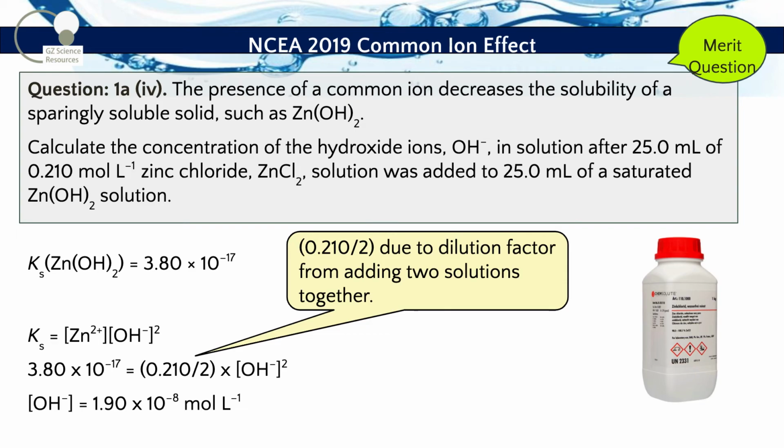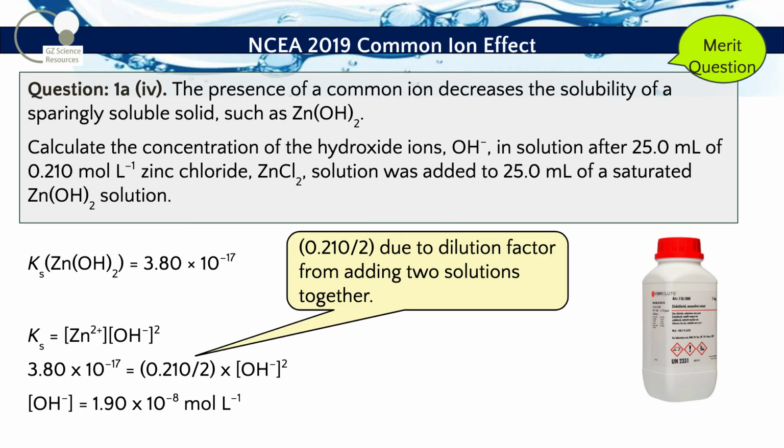So what have we got? A concentration of 0.21 moles per liter, multiplied by the volume of that initial zinc chloride solution, which is 25 mils. I'm just going to keep it in mils to be a rebel and show you that this works. Then I divide by the total volume of our combined solution. 25 mils of one added to 25 mils of the other is a total of 50.